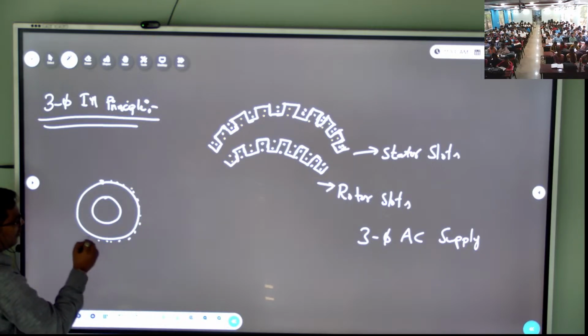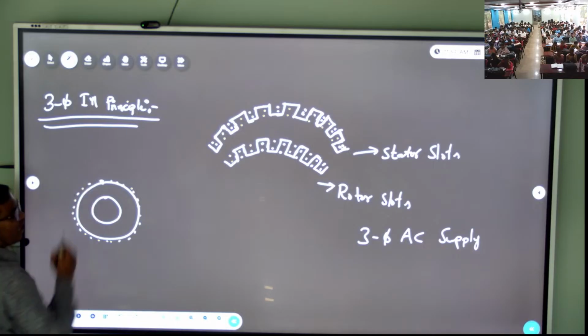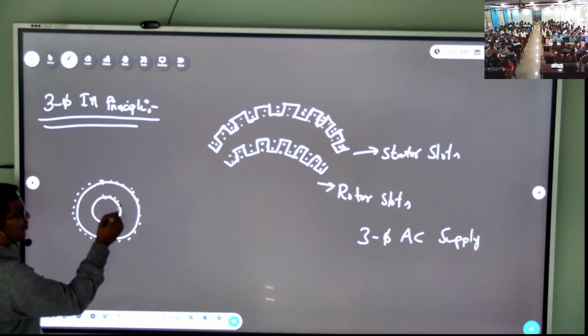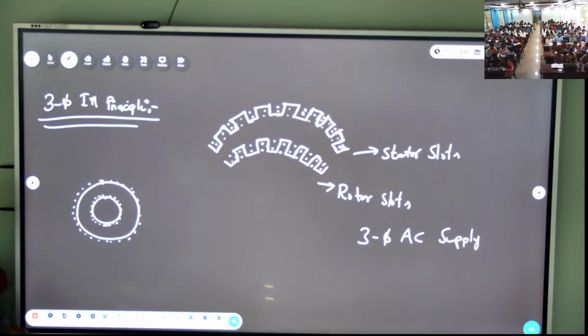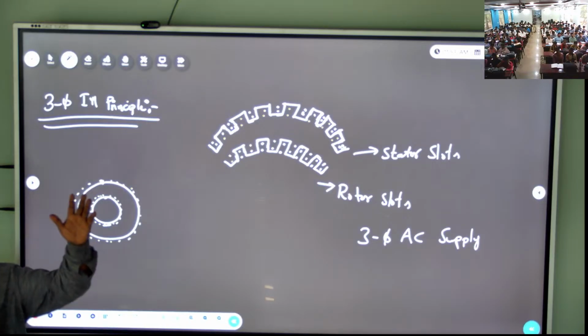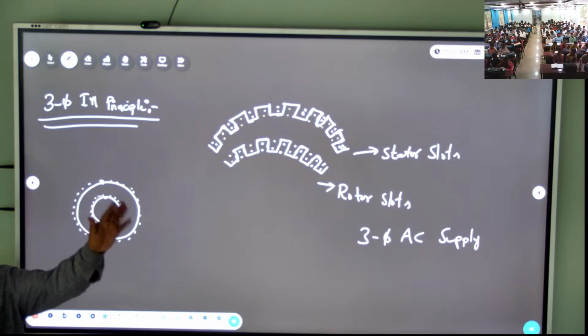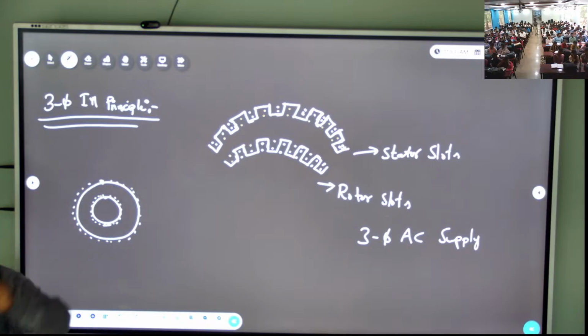The rotor also has slots and conductors. There is no field here. When compared to the DC generator, there we have the field, north pole and south pole, and we rotate the conductor in the DC generator or DC motor.